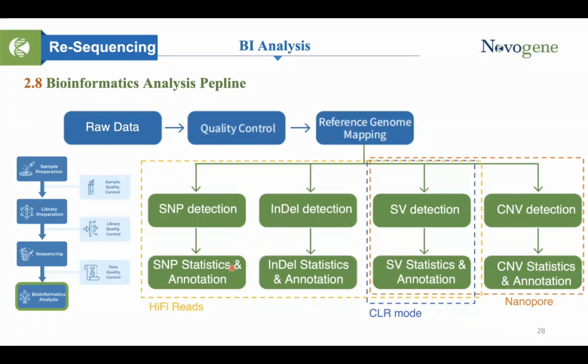HiFi reads, CLR reads, and Nanopore reads are theoretically able to detect all the variants, but they do have their preferences according to the design purpose and the practical performance. HiFi reads do well on SNP and indel detection, while CLR reads are popularly used in SV detection. Nanopore reads can recognize SV and CNV well.